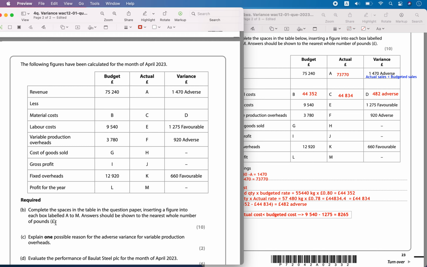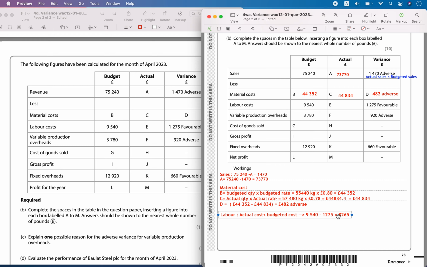So this would have been my actual cost. My cost has become less and it has become favorable by a difference of 1275. So I will write it here, it is 8265. That was my labor cost and it has become favorable.